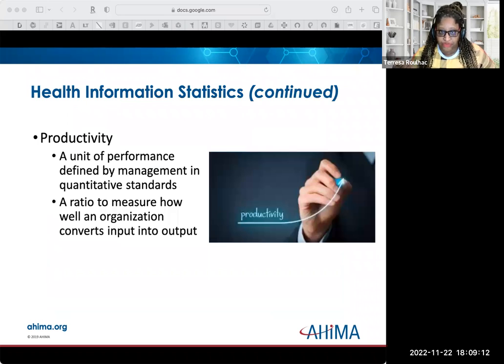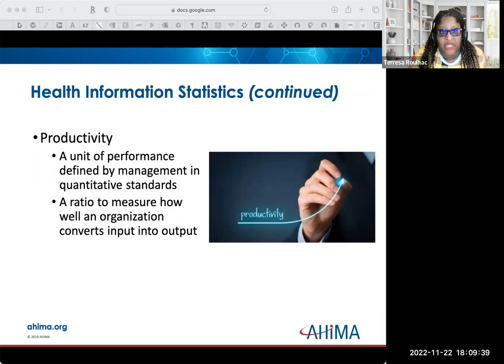So we also look at productivity. Now, here you see that a unit of performance is defined by management in quantitative standards. We're looking at a ratio to measure how well an organization converts inputs into outputs. Most health information departments have productivity standards for different areas in their department.